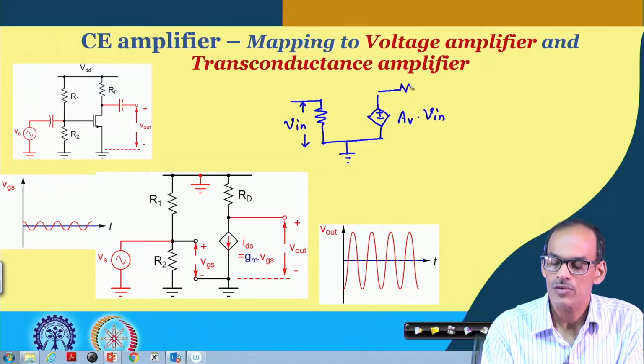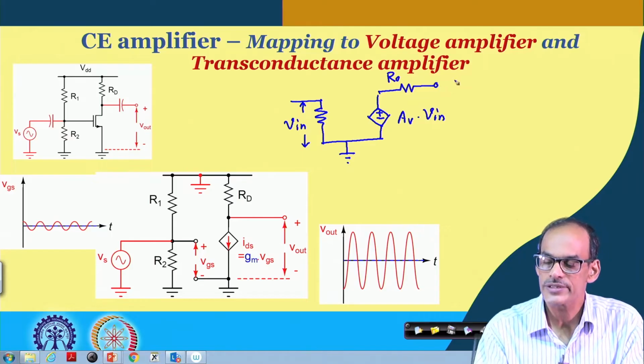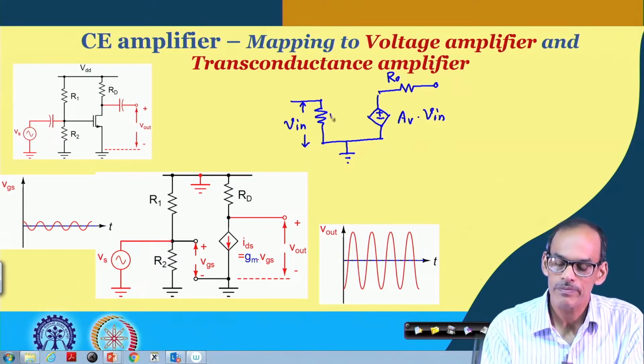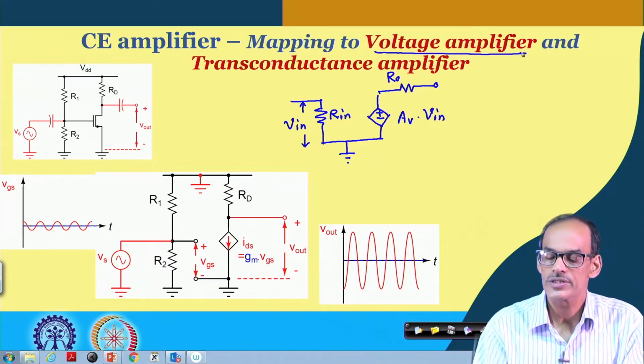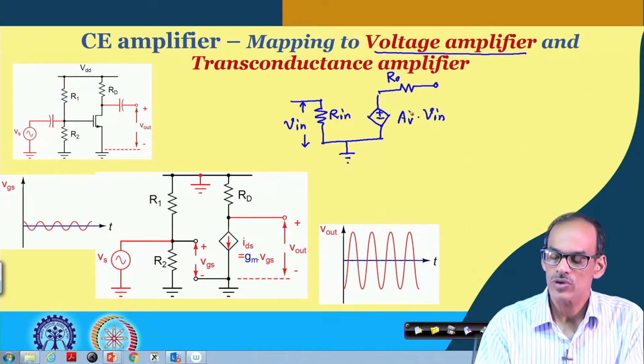At the output we have the Thevenin equivalent output port resistance R O. So, that is the voltage model, and we already obtained the expressions of A V, R O and R in.